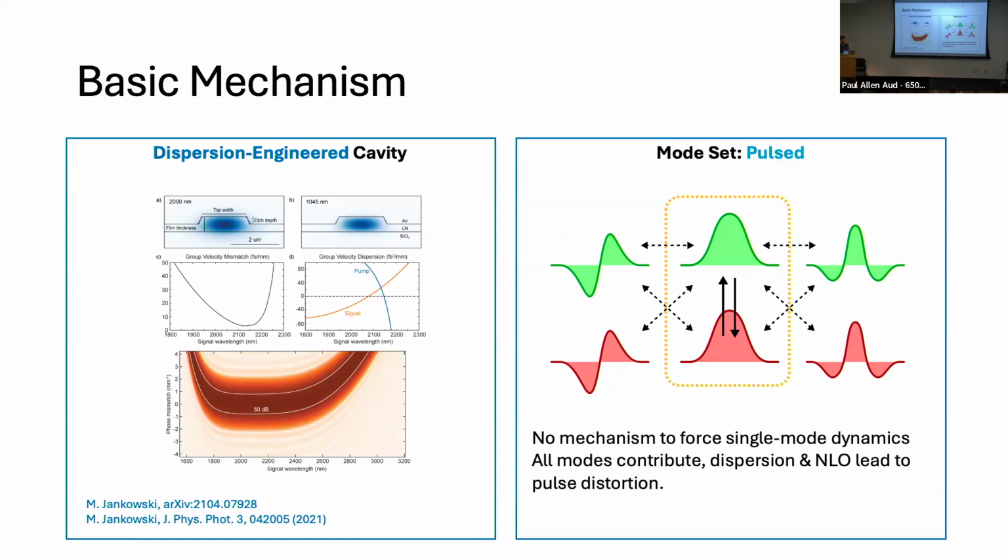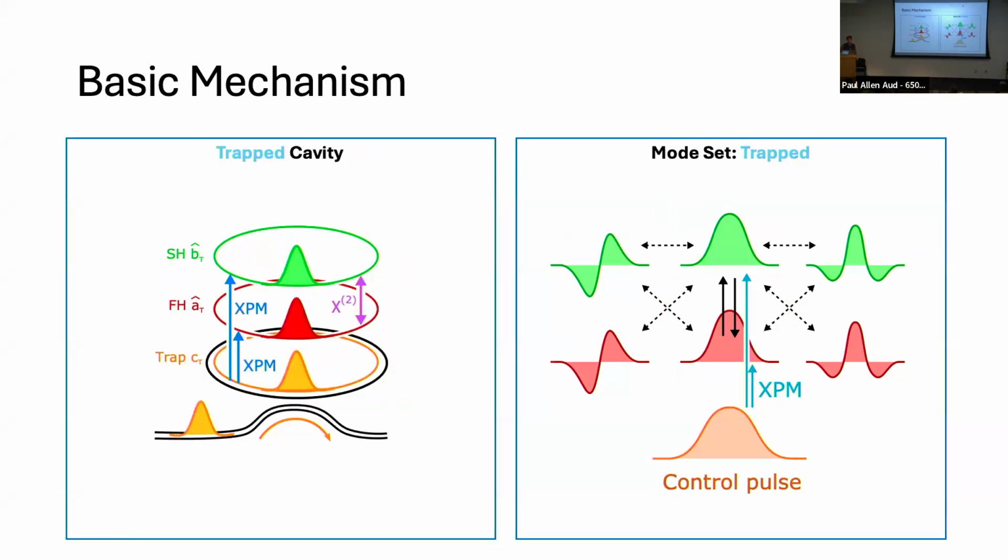So the technique of temporal trapping that we're proposing here is that you still have some small amount of residual dispersion, but you add an additional term that's not present before, which is that you inject this additional pulse of light called a trapping pulse, and that pulse goes around in the cavity, and through cross phase modulation, that induces a time-dependent phase shift.